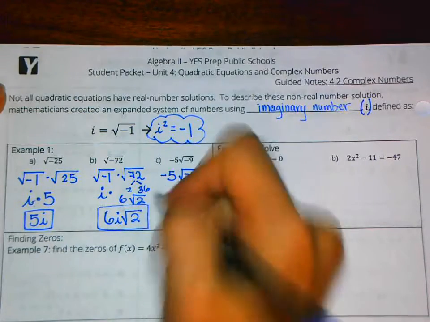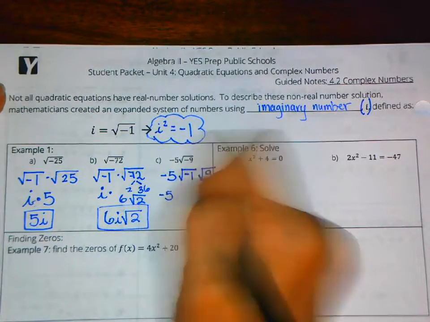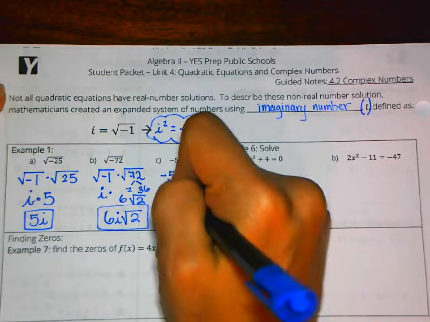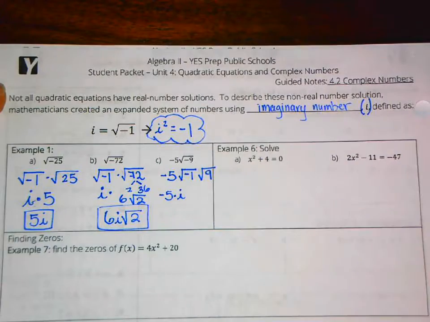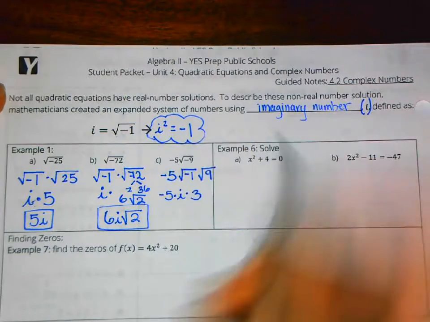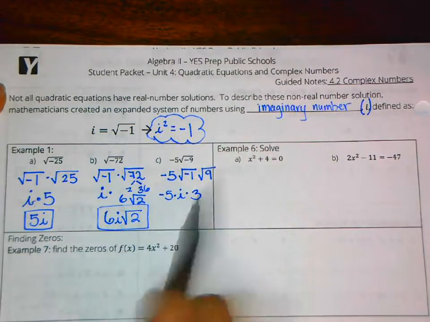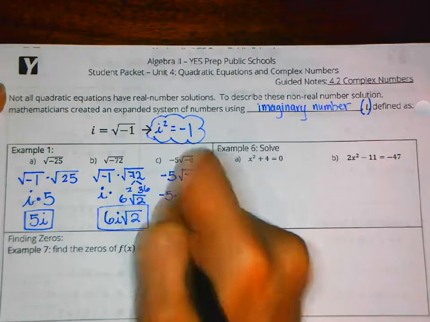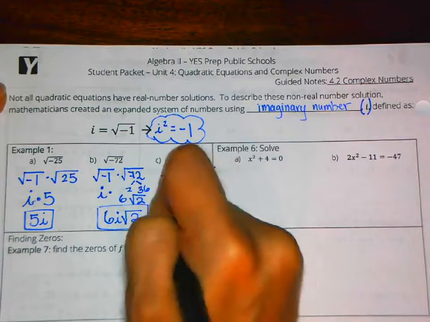So negative 5 stays as negative 5. Square root of negative 1 is an i. So negative 5 times i times square root of 9, which is 3. So combining like terms, negative 5 times 3 is going to give me negative 15i, my final simplified answer.